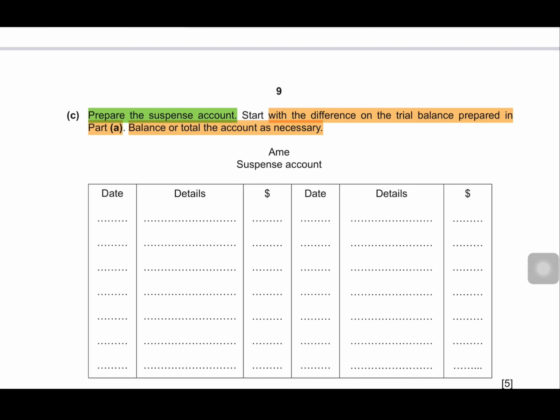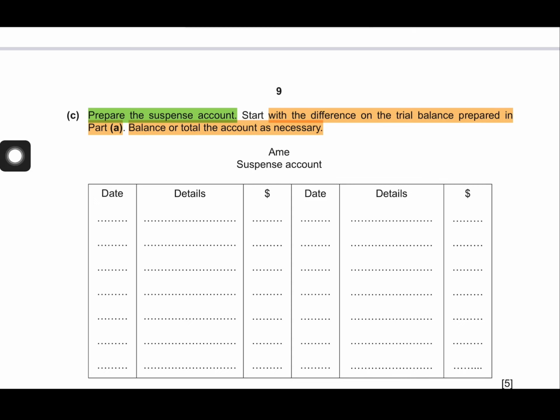You remember that ideally the suspense account should balance after correcting all the errors, but if it does not balance and it has a credit balance, that is, balance brought down falling on the credit side, then it will be shown as a current liability in the SOFP, or vice versa. If the brought down balance falls on the debit side, that will be shown as a current asset. So, the question is asking you to do either of the two: either balance it, extracting the balance c/d, or just total it.